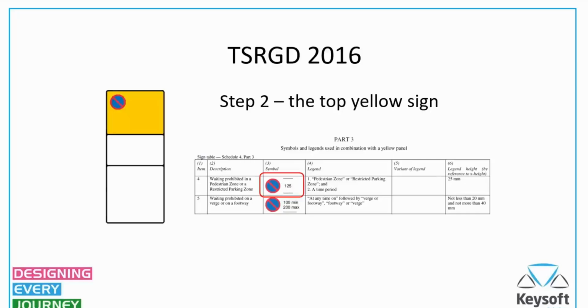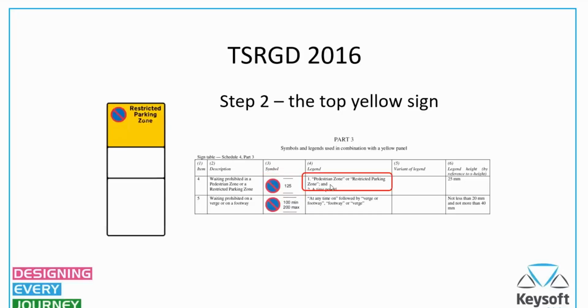So in Schedule 4 Part 3, there are some symbols we can put on, and item 4 in there is that no waiting roundel at 125 millimetres. It's that size because this item is to do with the restricted parking zone or pedestrian zone type of signs. And of course there is a legend mentioned in column 4 there that says you can put that text on there as well, so I can put the text on the sign as well.